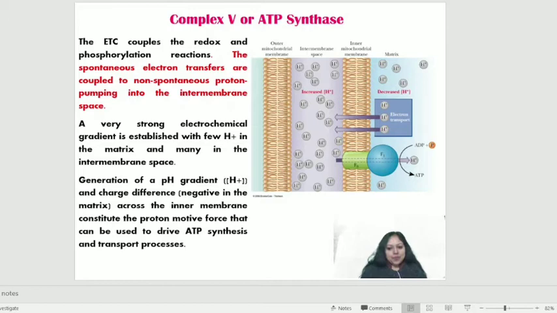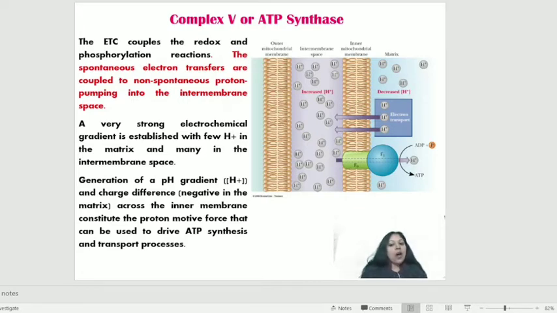Now, we were talking about the theory. People knew about the membrane potential, that the cellular membranes are charged themselves. It was hypothesized that a very strong chemical gradient is established, with few protons in the matrix and many in the intermembrane space.